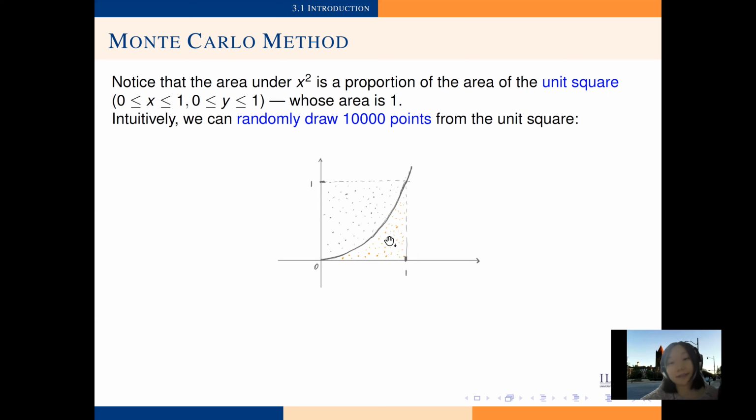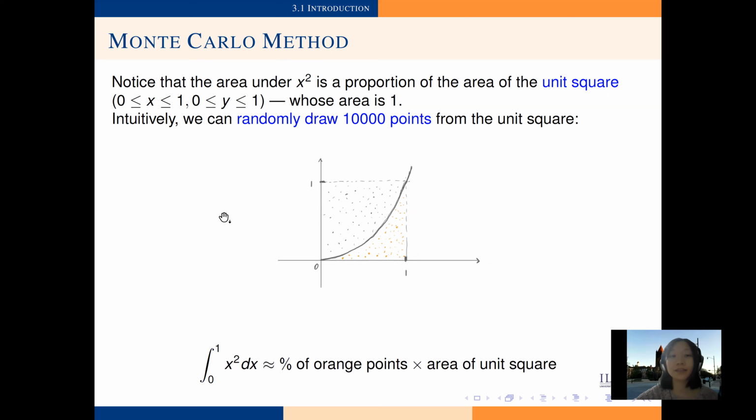If it's within this area, we denote the point by orange, otherwise we denote it by gray. Then intuitively, the area under the curve is approximately equal to the proportion of orange points in our 10,000 samples times the area of the unit square.